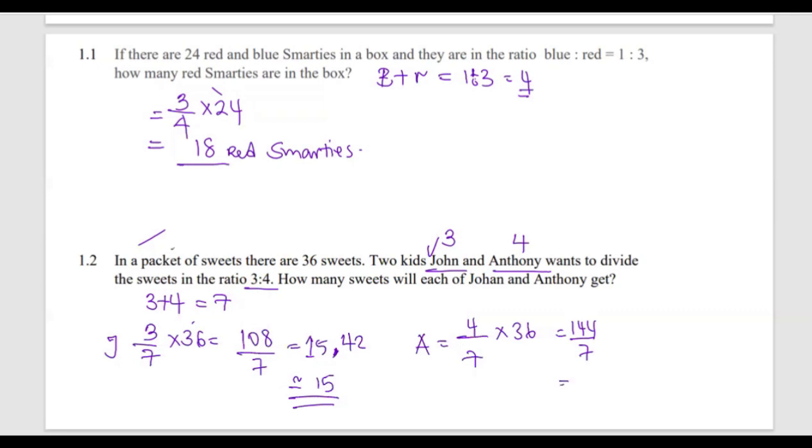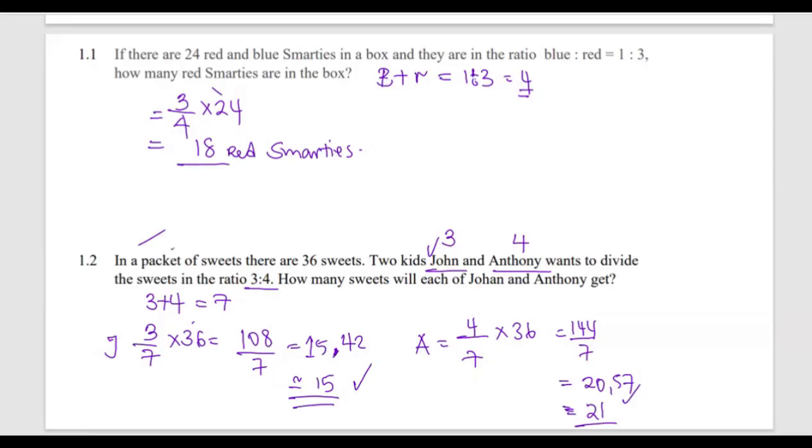So you see, this is 20.5. The 5 is already above, so this one makes it 21. So Anthony gets 21 sweets and John gets 15. We round up and we round down.